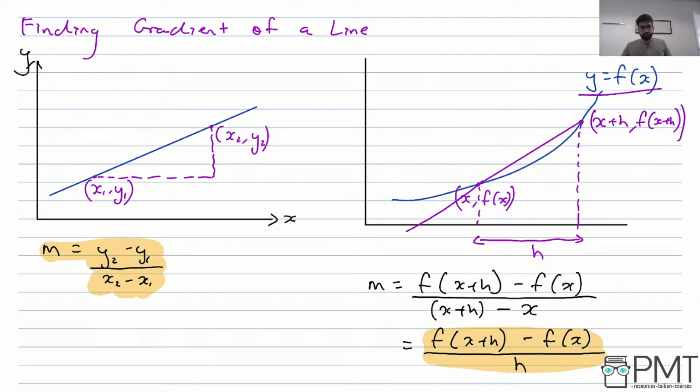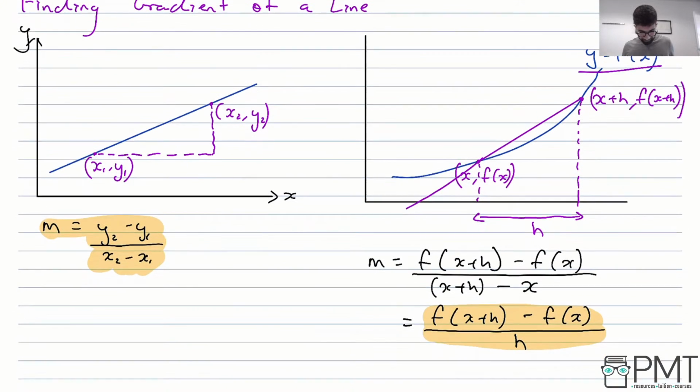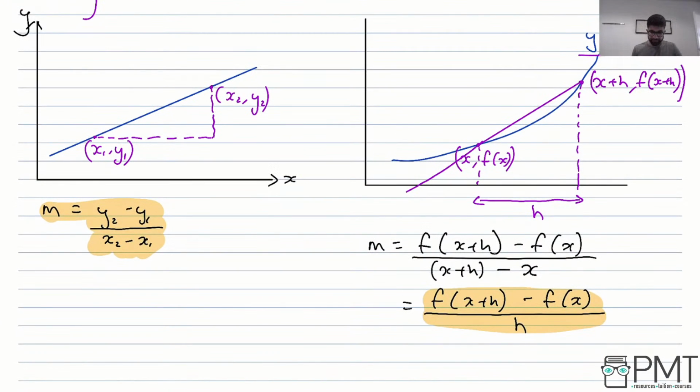So here now we have got the gradient of that tangent, but we said that the tangent wasn't really the perfect tangent. You can see that it's quite far. So how can we make this tangent better? Do we really want to have such a large h? If I draw this one, is it going to be a better tangent compared to the purple line? So this one will have a smaller h.